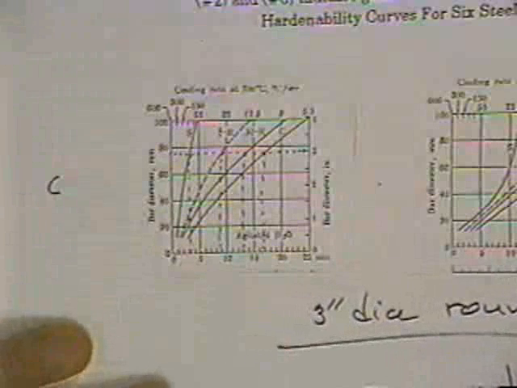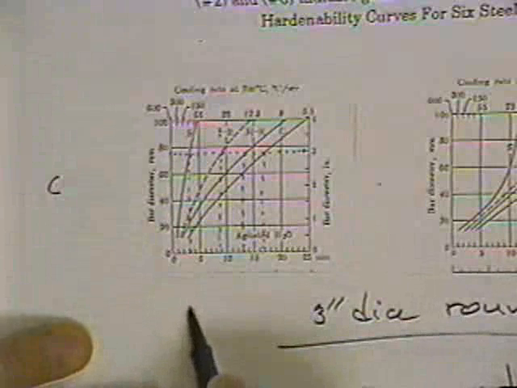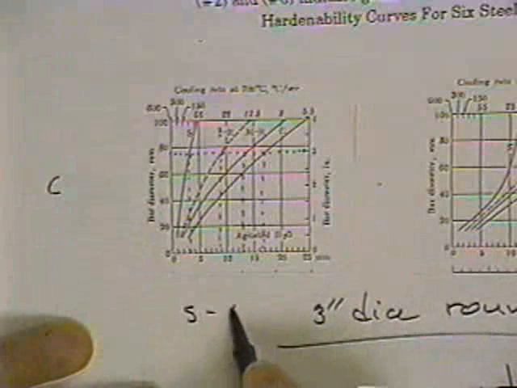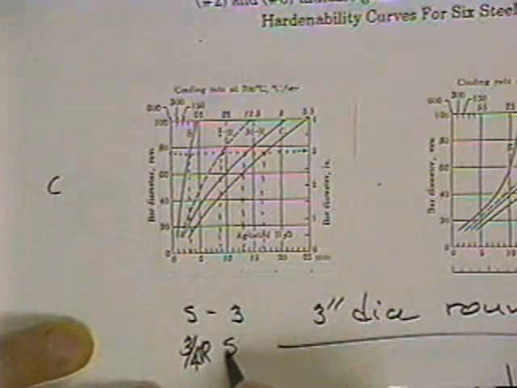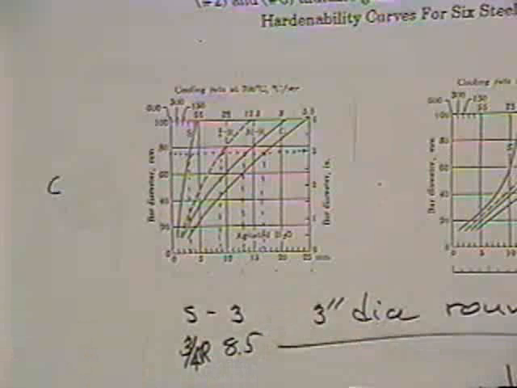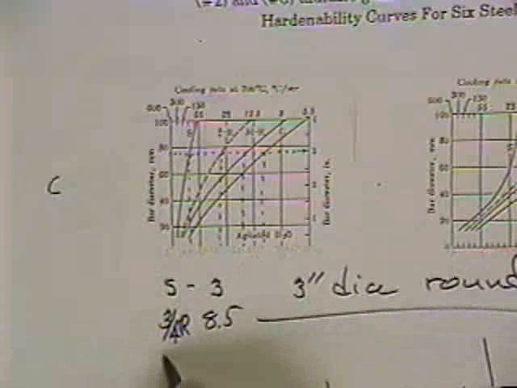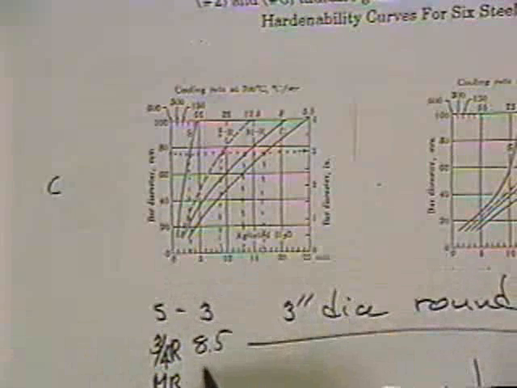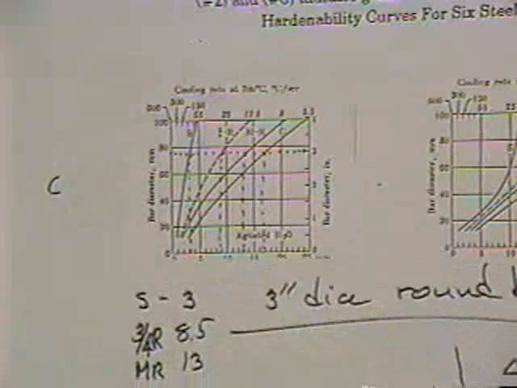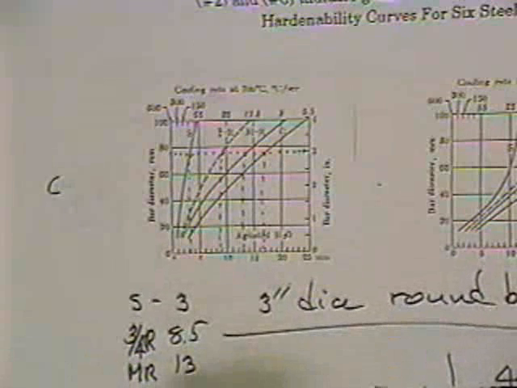So this looks like it's at the surface, it's 3 millimeters. At the 3/4 radius, it's 8.5. At the mid radius, it looks like it's 13, and at the center, it looks like, what do you think, 16.5?